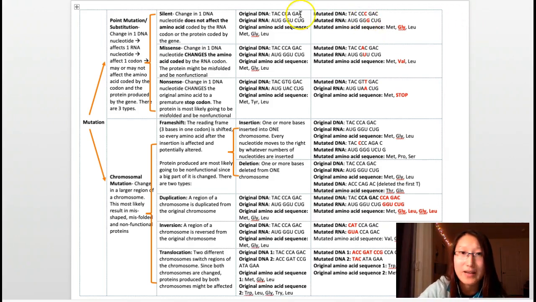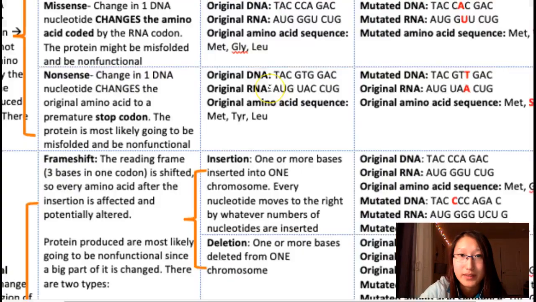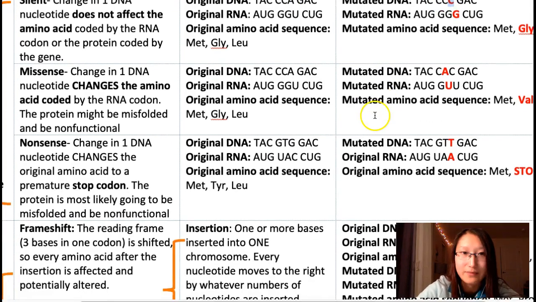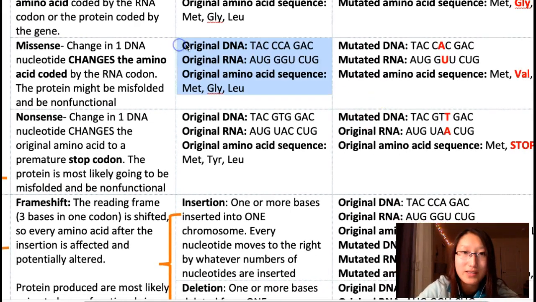So if you look at this original DNA right here, and you compare it with this mutated DNA right here, there's only a change in one base, such as this one, C. We changed A into a C, right? A change in a DNA nucleotide. Or you could have this.